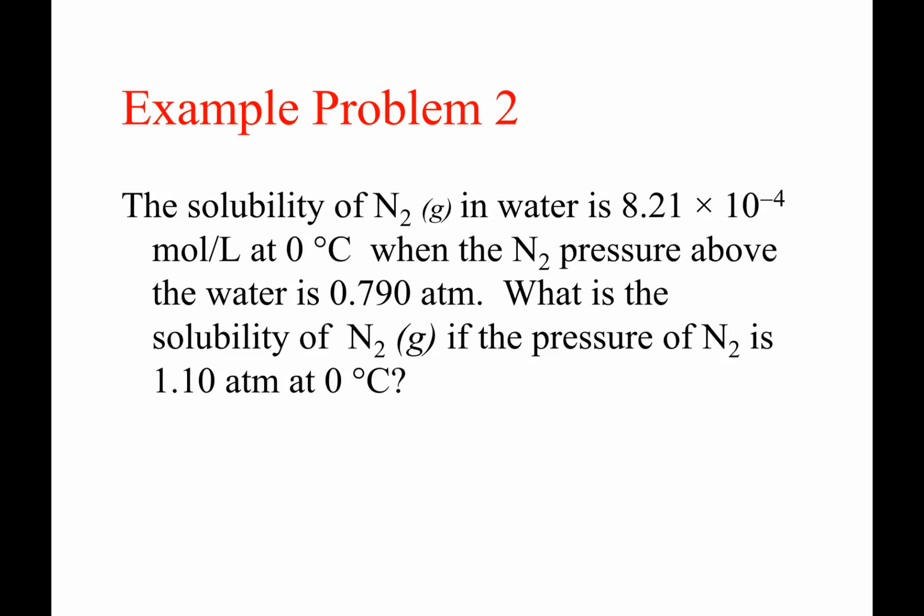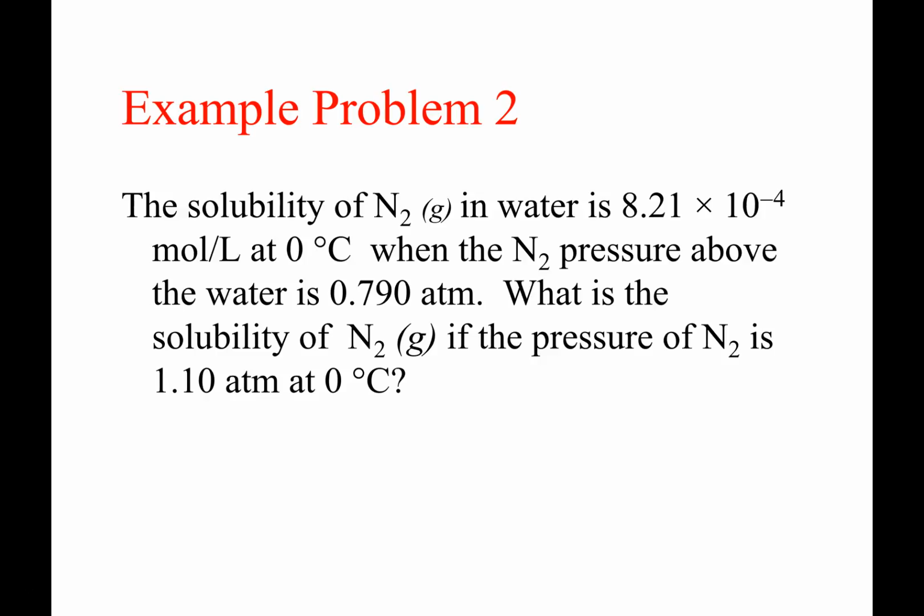So remember I said that sometimes you can calculate Henry's law constant from the information given. That's exactly what we're going to do here. We kind of have two different conditions. It says the solubility of nitrogen gas in water is a certain molarity at 0 degrees Celsius, at the pressure of 0.79 atmospheres.